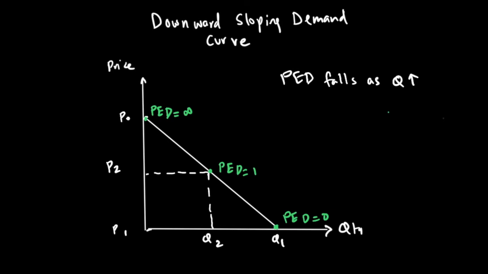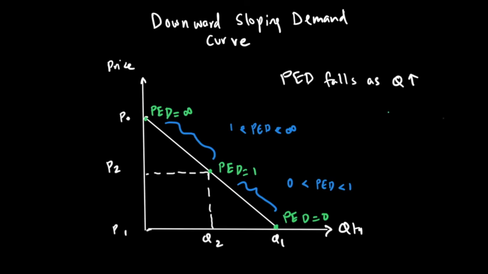So the first half of the graph, between P0 and P2, your PED, the value of PED, will be between infinity and 1. While in the lower half, the PED value will be between 1 and 0.